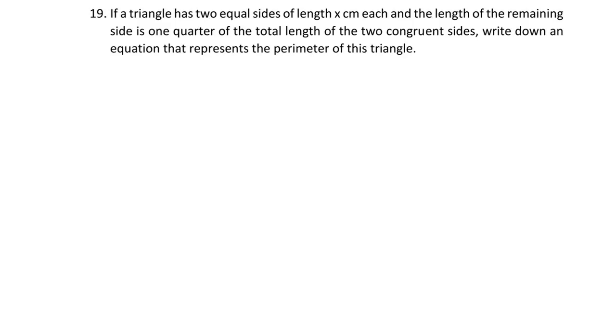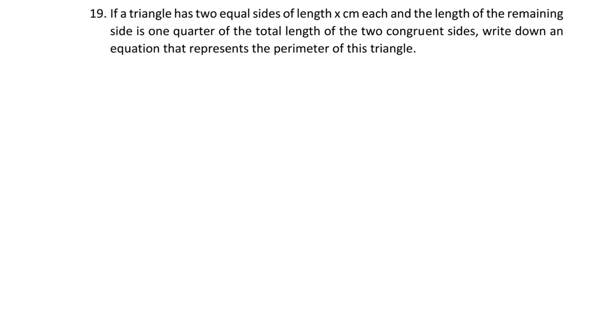Question number 19. If a triangle has two equal sides of length x centimeters each, and the length of the remaining side is 1/4 of the total length of the two congruent sides, write down an equation that represents the perimeter of this triangle.